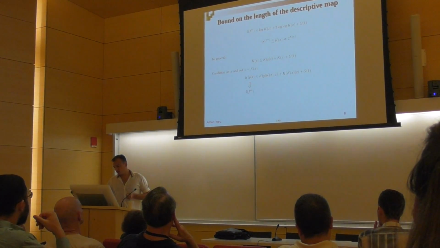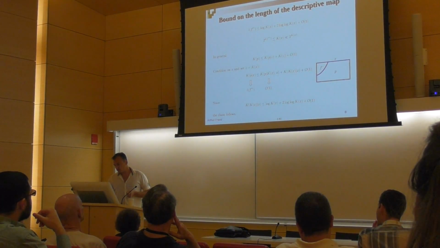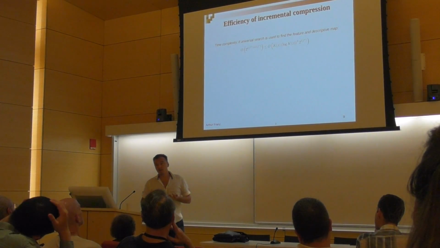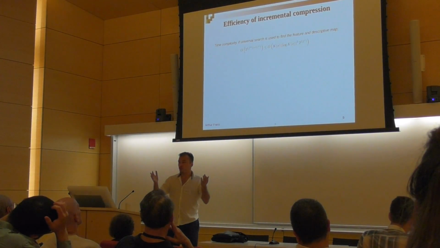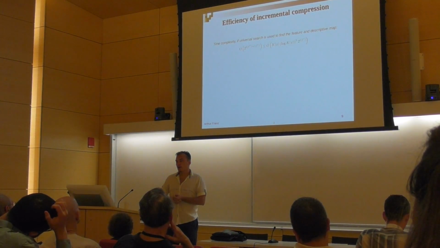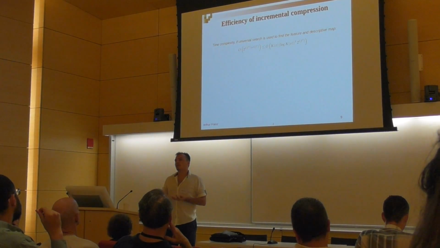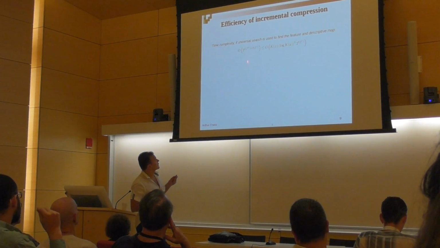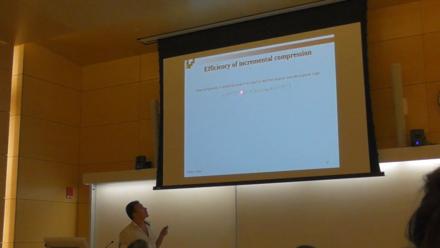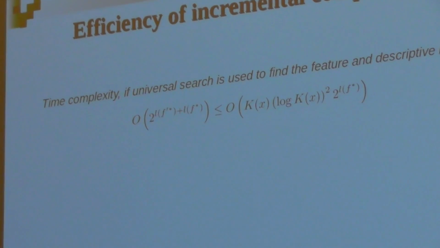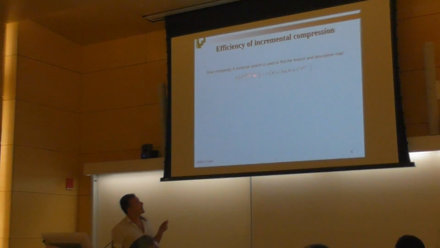So I will go through the proofs here. What do we gain? We now have an approach that actually finds the shortest description in an elegant way. Can we actually say that it will be faster than Levin search? So how efficient is this? Suppose we look for the shortest feature and descriptive map in a combined fashion, so that we need 2 to the power of the sum of the lengths.